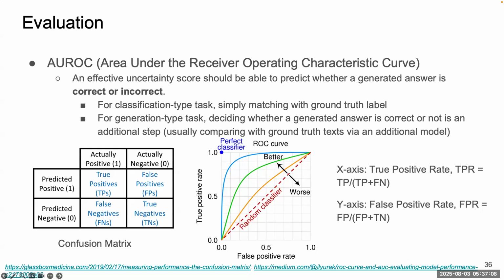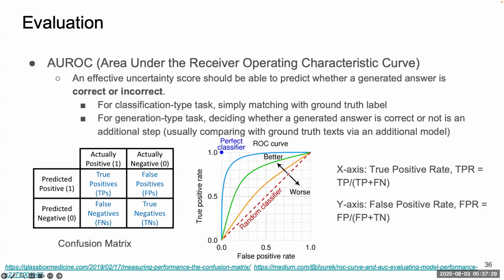A random classifier would just follow the dotted line, so you're having 0.5 all the time. And the AUROC score itself is simply the area under the curve, the blue line area under the curve, and the green line under the curve.